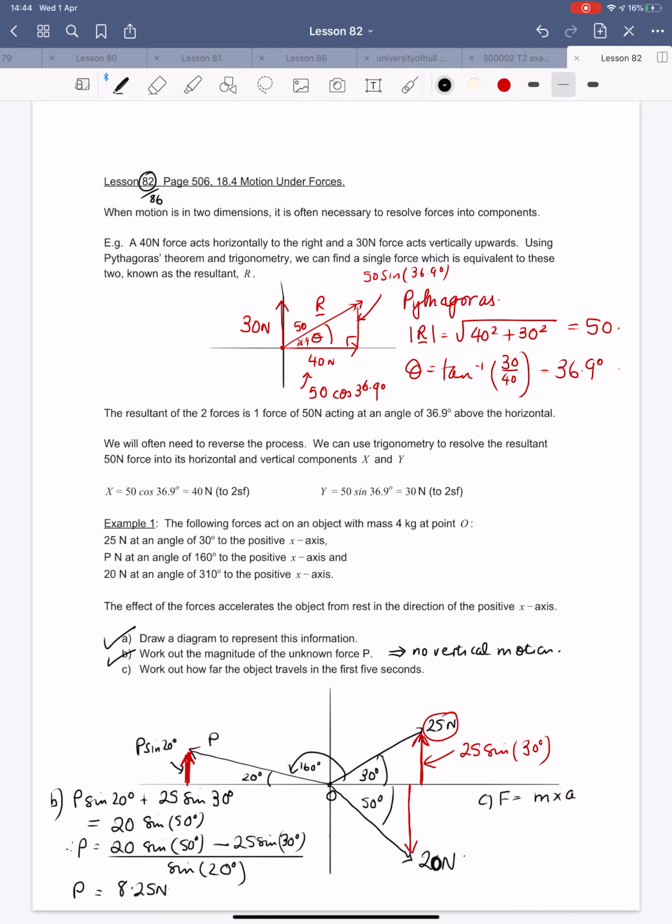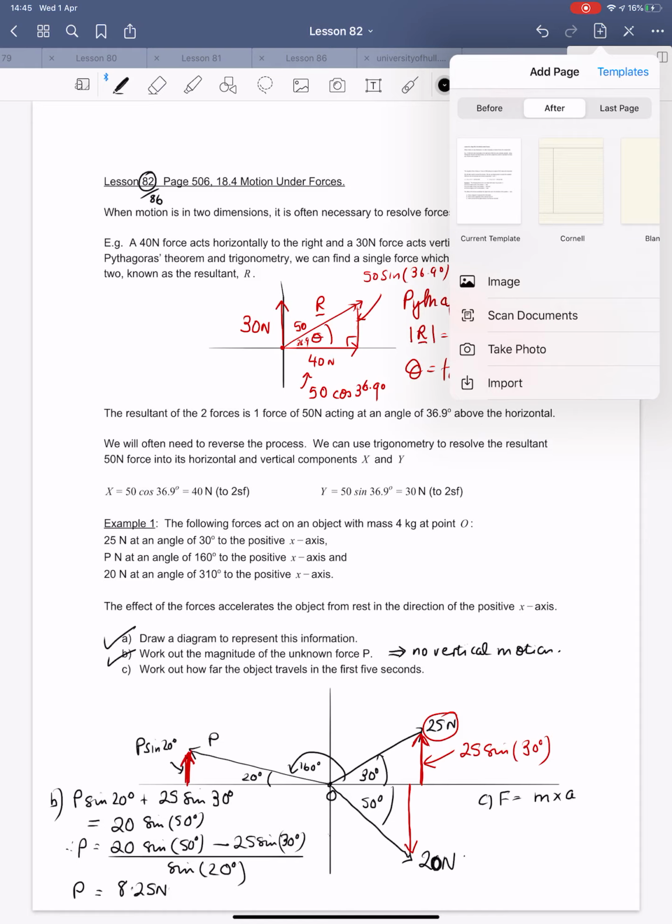I'm not going to have enough room. My questions are set up a little bit different from the book. Right, I'm just going to put an extra page in. I'm not going to fit it in there at all. Extra page. Right, so I'll just quickly redraw this diagram.